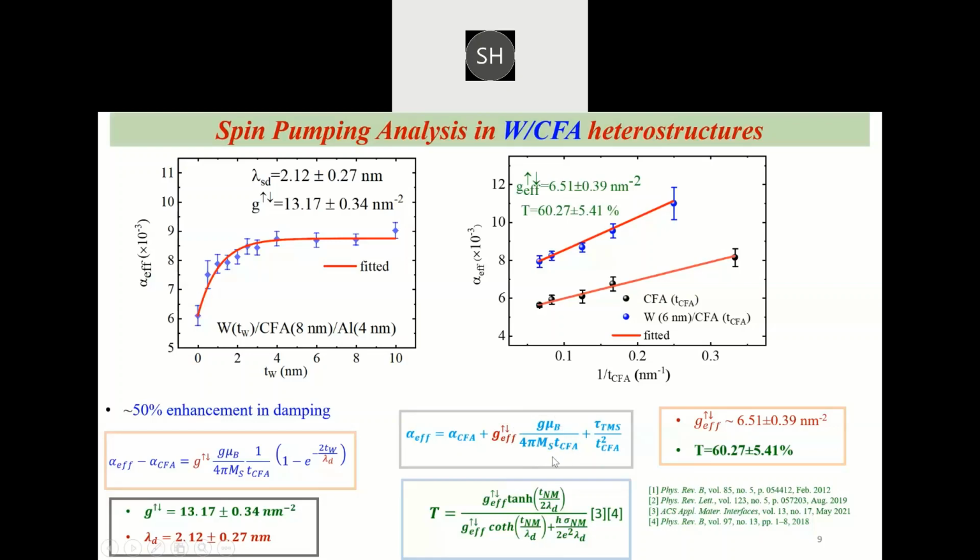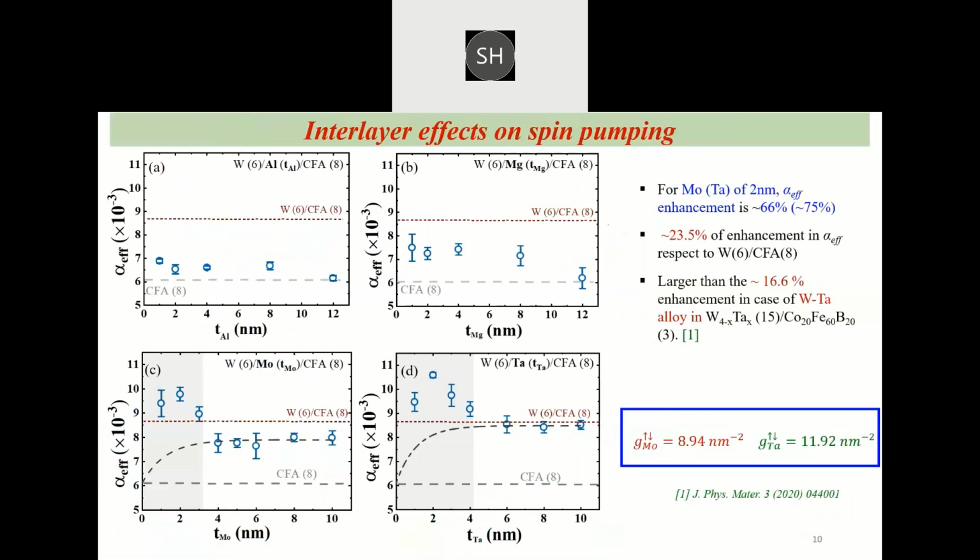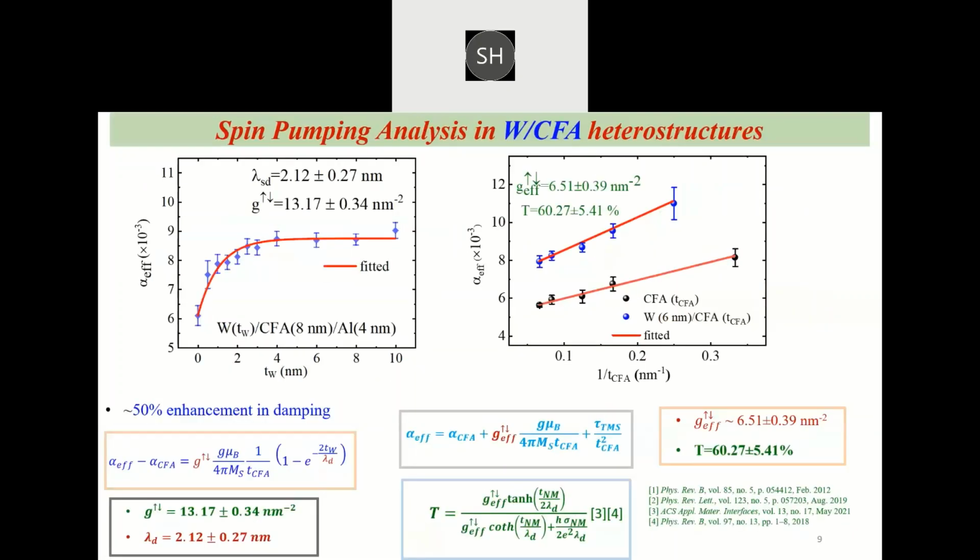However, let's say there is no heavy metal or non-magnet, for a single layer ferromagnetic film, there is also a 1/CFA thickness dependency due to its surface interface contribution, or you can say surface to volume ratio. For a ferromagnetic film with low thickness, there will be surface scattering because of the high surface to volume ratio. That is what we call a finite size effect due to surface interface scattering.